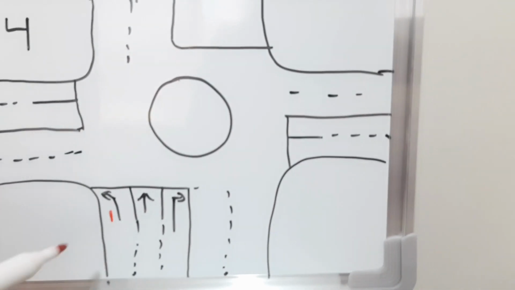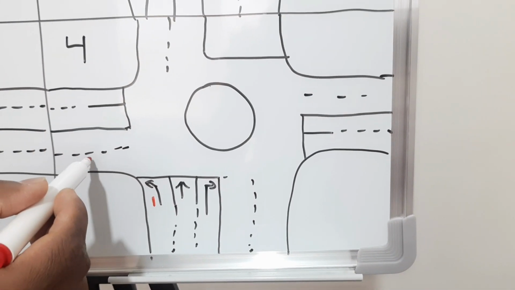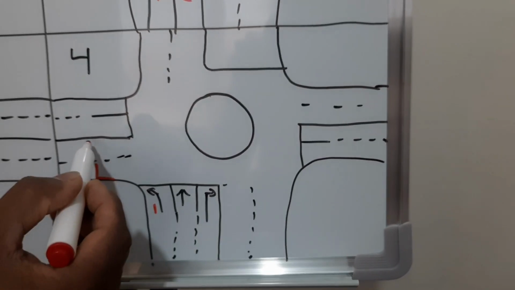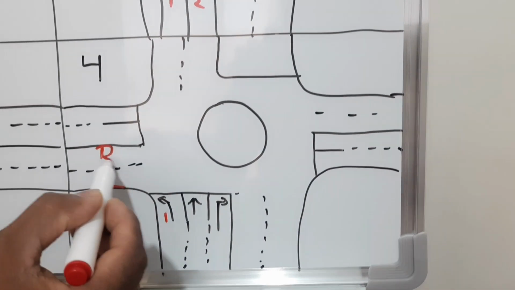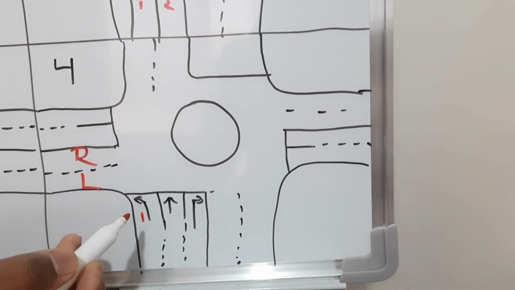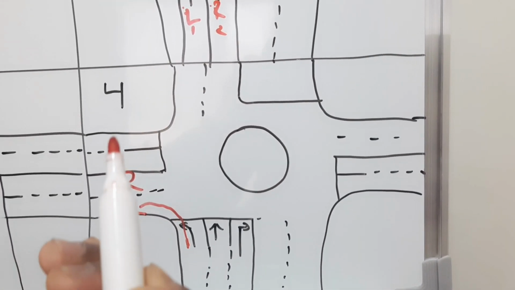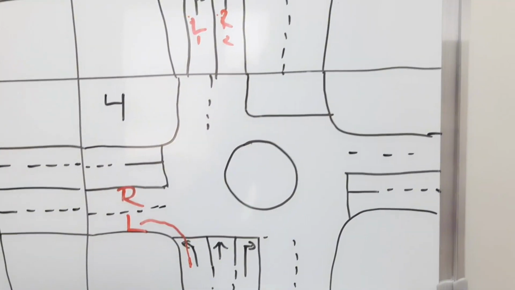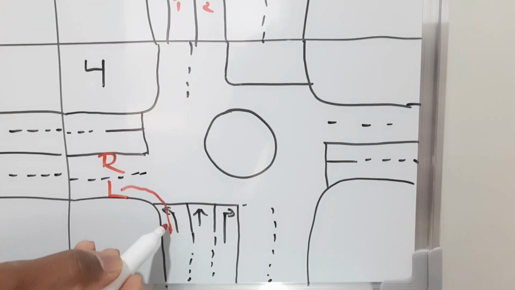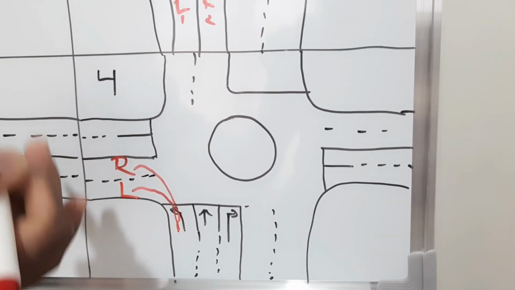If they ask you to turn left into the left lane, this is your left lane, this is your right lane, so make sure you go direct to the left lane. Or if they ask you to turn left into the right lane, you need to go direct to the right lane. So make sure you follow their instruction.